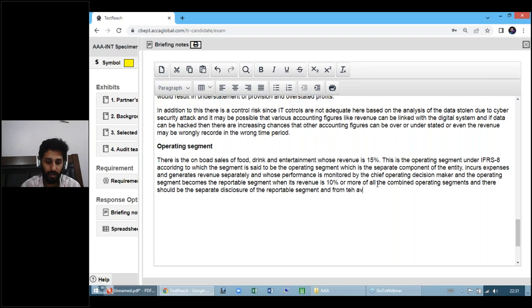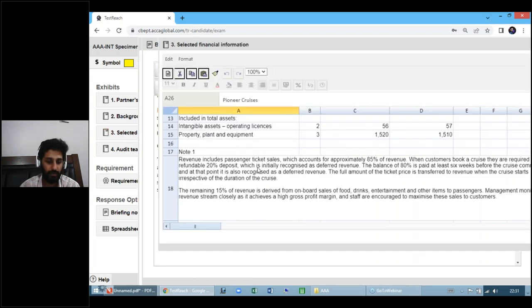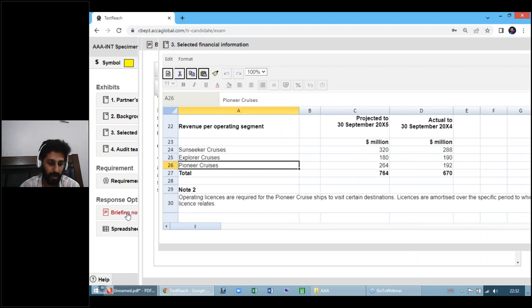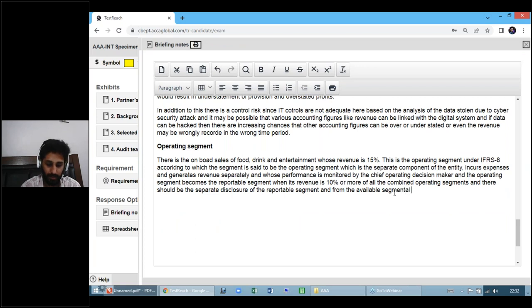and from the available information you can refer to this selected information, revenue per operating segment, and from the available segmental revenue, it's not separately disclosed, and so there may be incomplete information related to the segments supplied to the users.